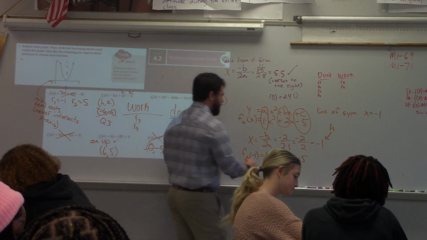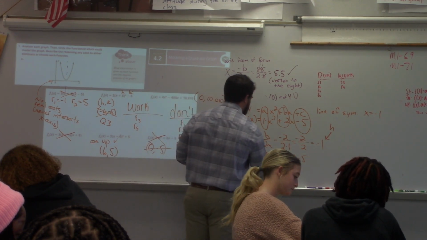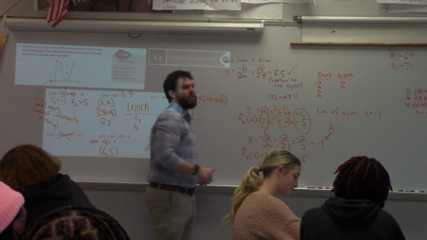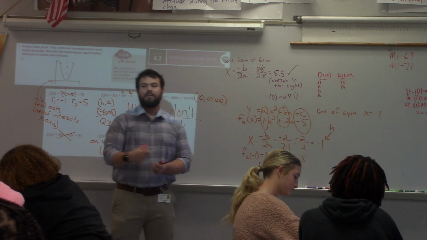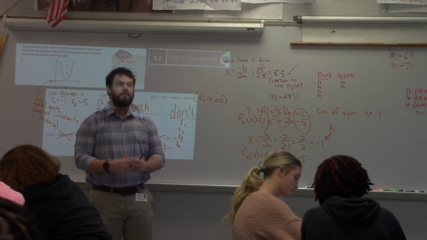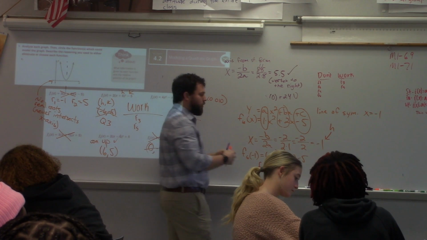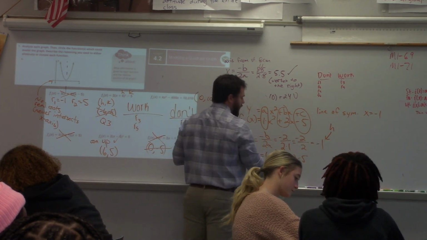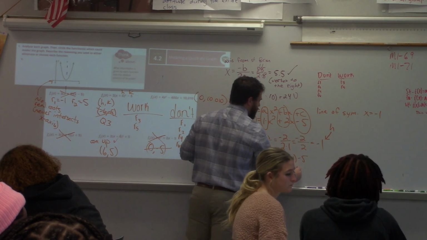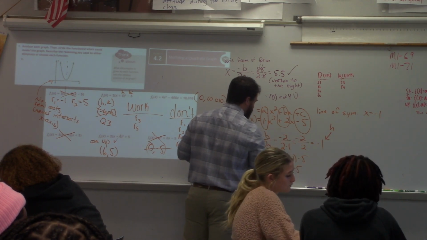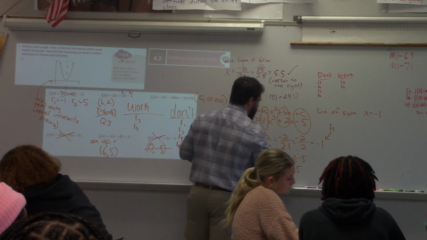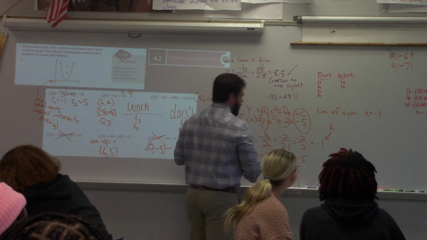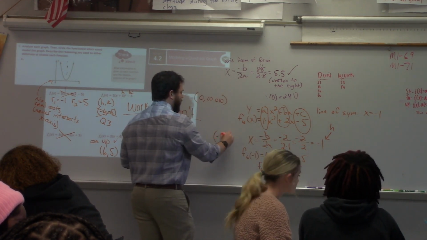A positive 1. If you set this up, guys, and you're not 100% sure how it simplifies, you can come and ask me. But again, even if you make a procedural error, if I see that you understand what you're doing, you'll be okay. 2 times -1 would be -2, -5. f6 of -1 would be -6. So I have a vertex of -1, comma, -6.